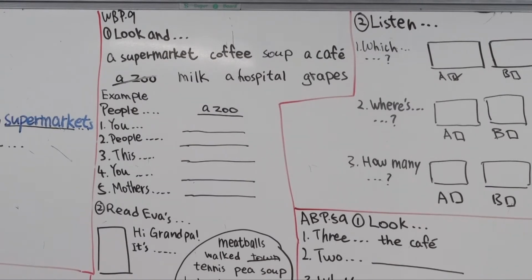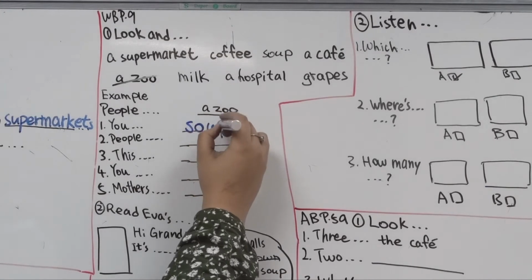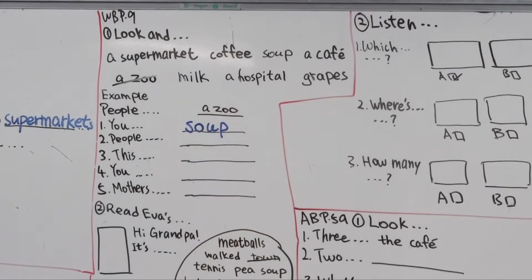You can make it from vegetables and put it in a bowl. Supermarket, coffee, soup, cafe. That is soup, right? Only soup can be put in a bowl according to the answers here. So the answer is soup.